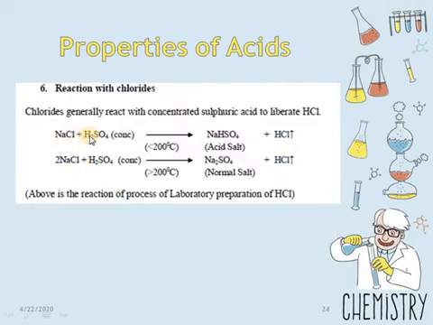If acid reacts with chloride, this is the reaction for HCl preparation in the laboratory. You have to learn this, it is very important. NaCl plus concentrated H2SO4 below 200 degrees Celsius gives the acid salt and HCl, and above 200 degrees Celsius it gives the normal salt and HCl.